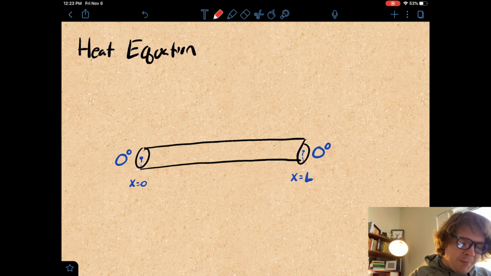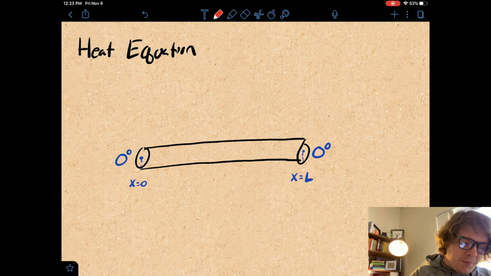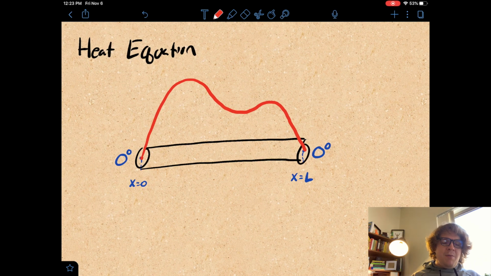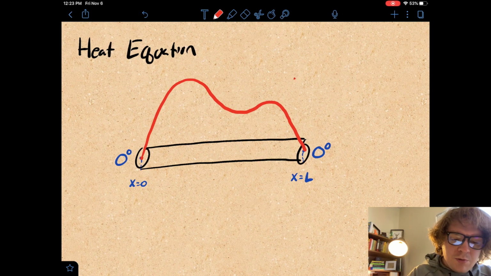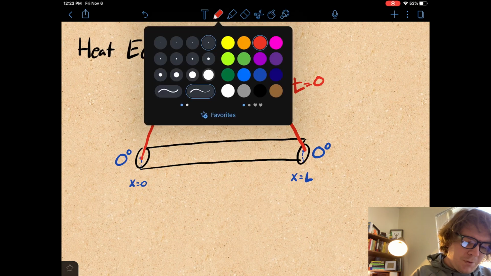So if I were to graph the temperature on an imaginary y-axis here, the temperature here might be 0, but as we move a little to the right, we might have a higher temperature, and maybe towards the middle of the rod our temperature dips down a little bit, curves back up, and then our right endpoint is still held at 0 degrees. So we'll say this graph that I just drew corresponds to some initial time, t equals 0, okay?